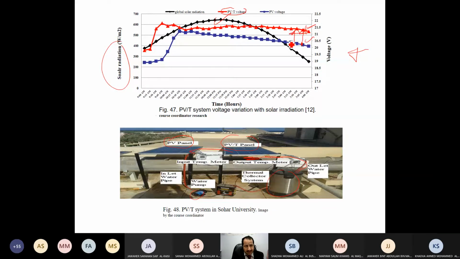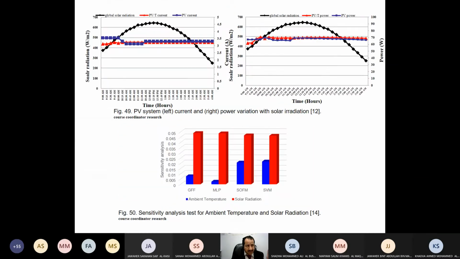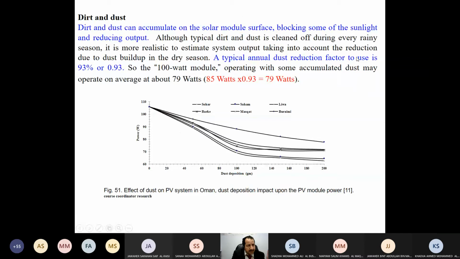So you can see the voltage improved. We get better voltage, so this is a significant improvement. If we look at the current here, the blue and red are close to each other, so it's an insignificant effect. But when I multiply both of them, I get improvement in power and then efficiency.